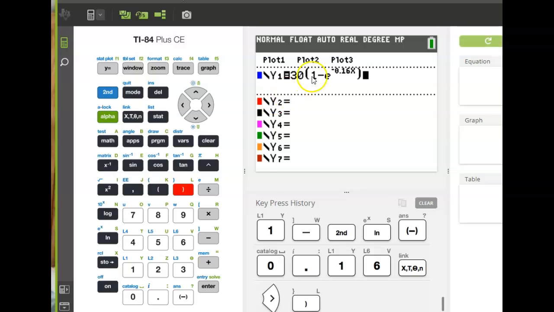Alright, so here's what we got, in case you can't see that. 30, parentheses, 1 minus e to the negative 0.16x. So what we did there is we just plugged this in.